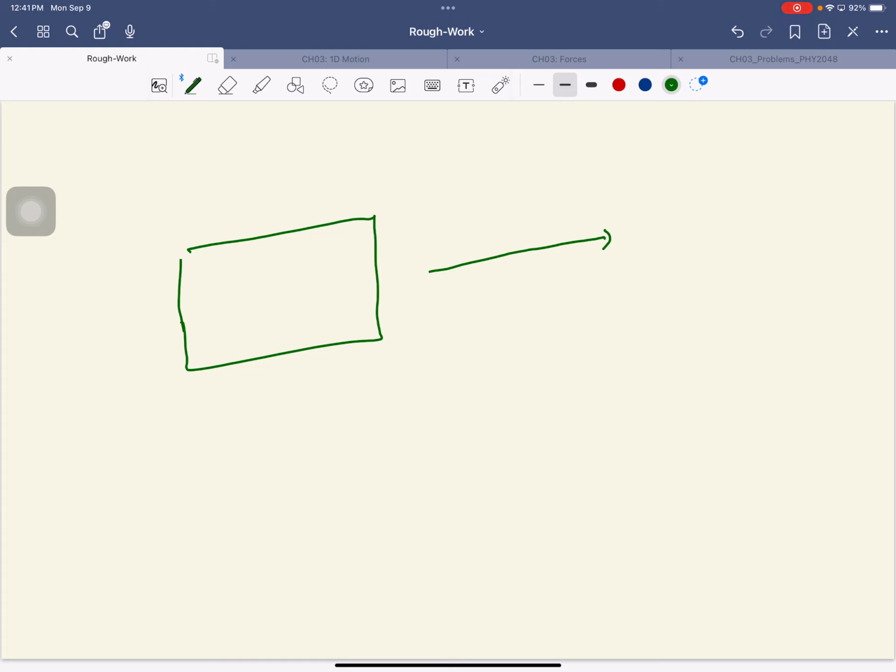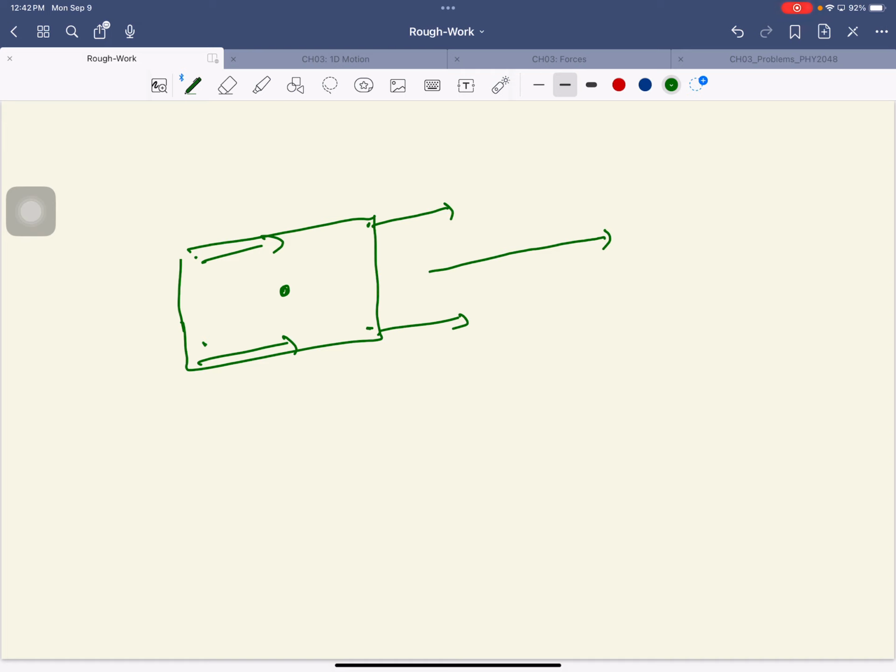I'm drawing everything because I'm recording this. Every point on this object has the same velocity. So we can describe this as a point object. That's the only kind of motion we'll be considering for now.